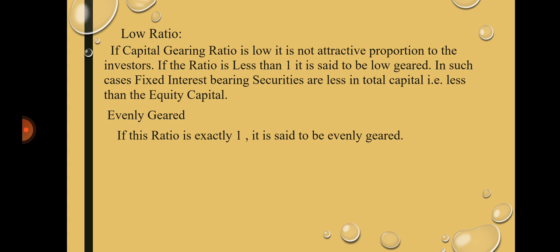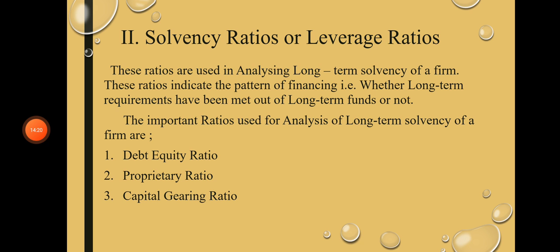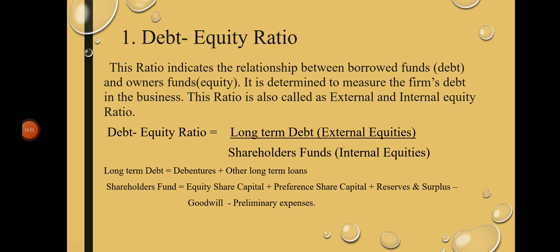As I said, there are three solvency ratios we are going to study in this unit. First one is the debt equity ratio. The formula is long term debt, that is external equities, divided by shareholders' funds, that is internal equities.